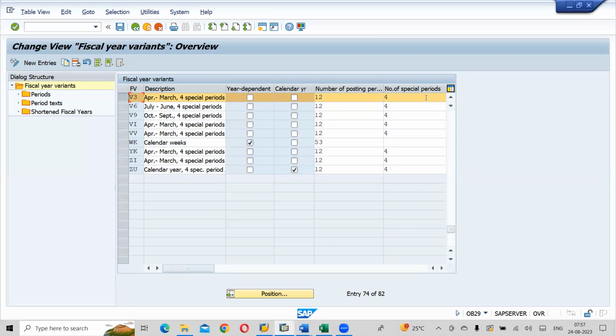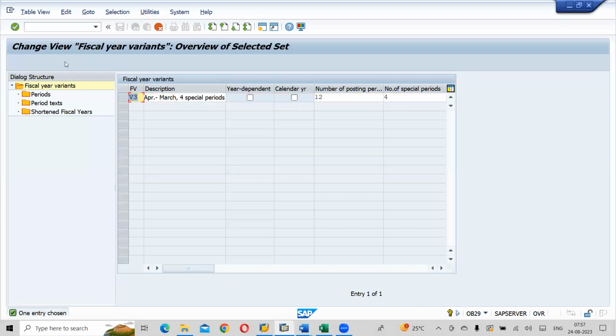Okay. Click on the Copy As button. Select the V3 variant and click on Copy As. I would like to give AV, but I'm not sure whether it is there or not.